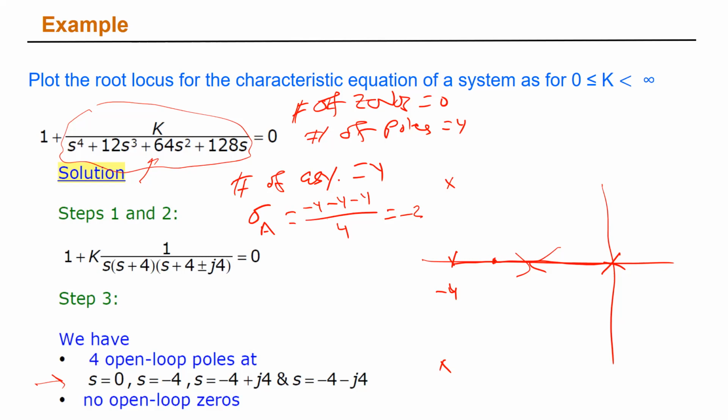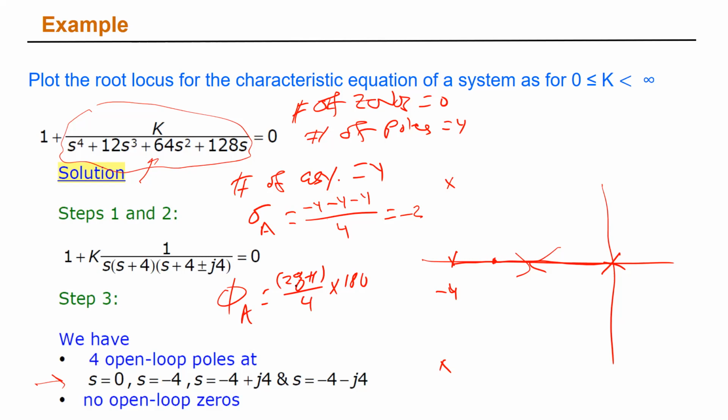What are the angles? So phi A equals (2q plus 1) over 4 times 180. What is the first angle? Well, we have to substitute for q.